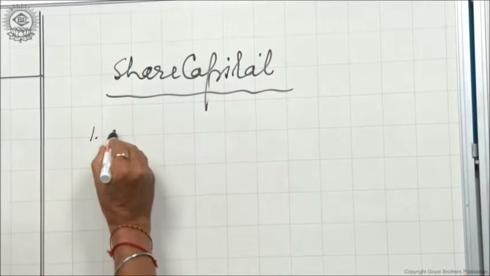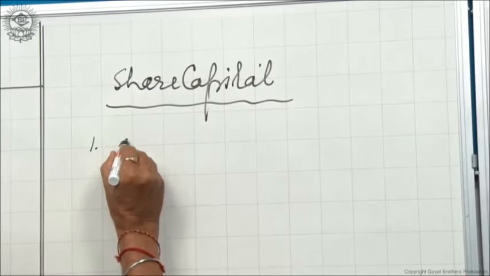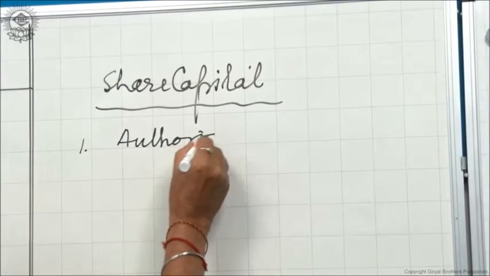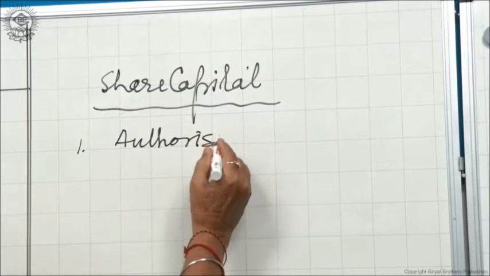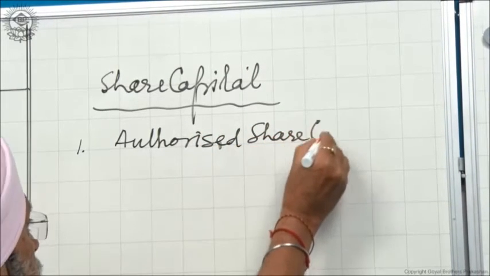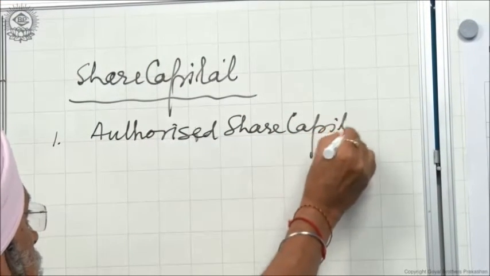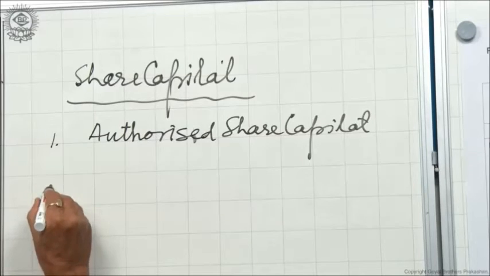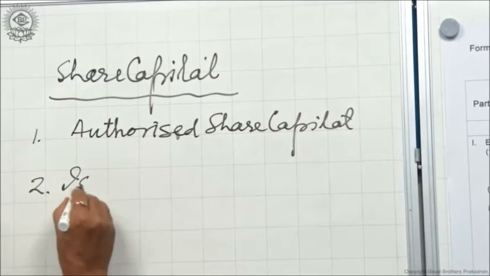5 types. First is authorized share capital. Second is issued share capital.